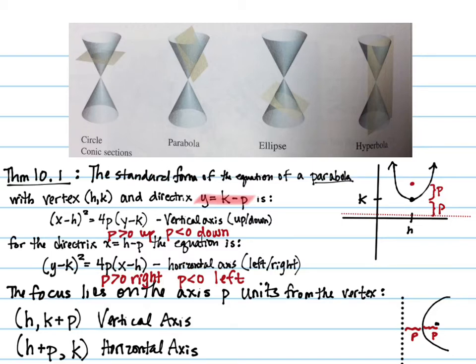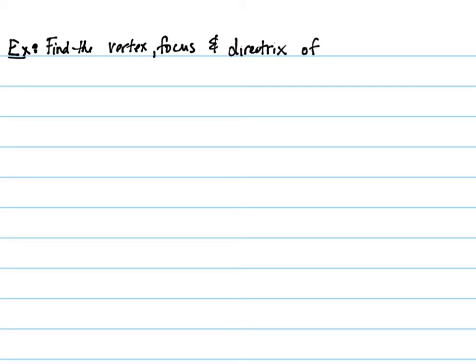Okay, let's do an example. So our first example for today, let's use black, wants us to find the vertex, focus, and directrix of the parabola.